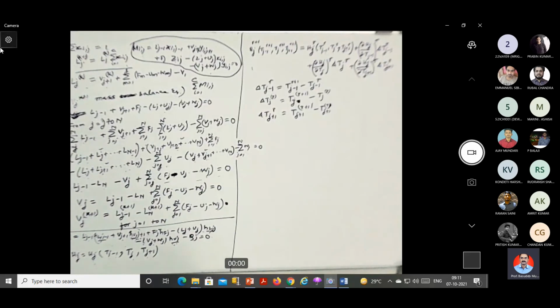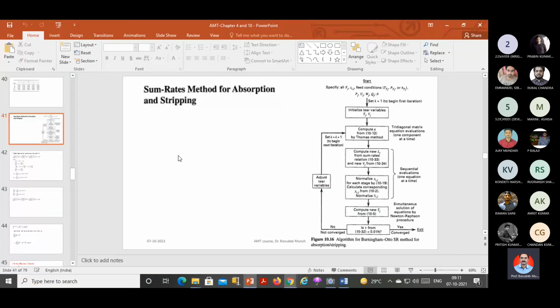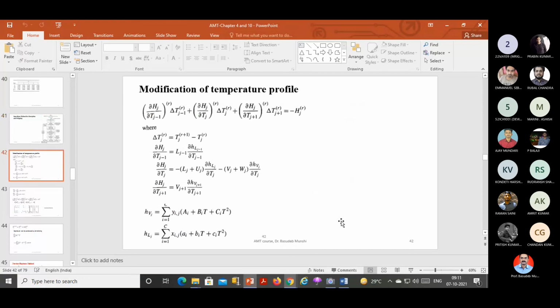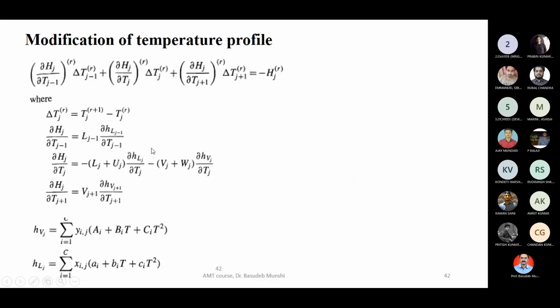Okay, so this is how we get all the derivative terms, and all the derivative terms I have written here. How it has come, I have told you. Then when you want to get the derivative of this, you should know this enthalpy function.